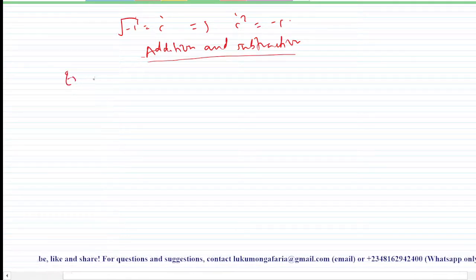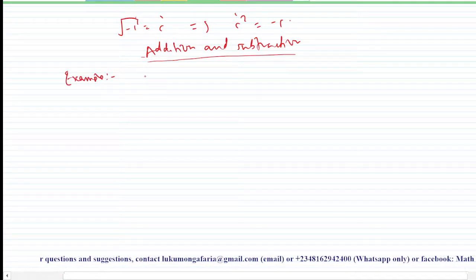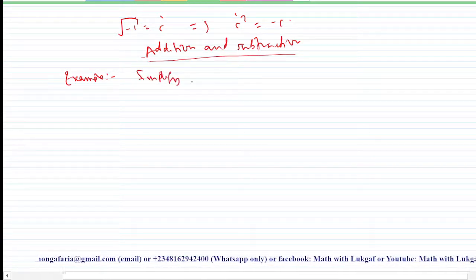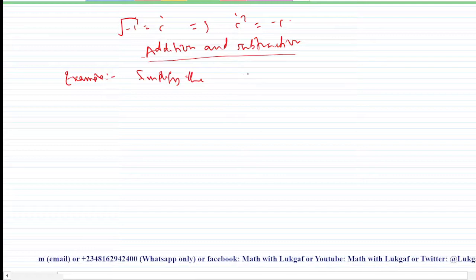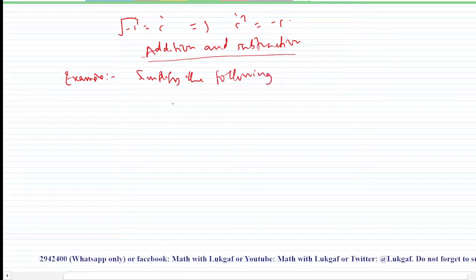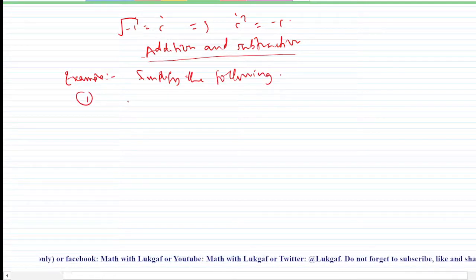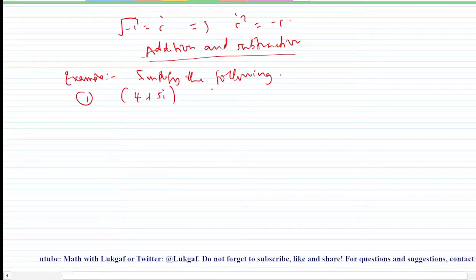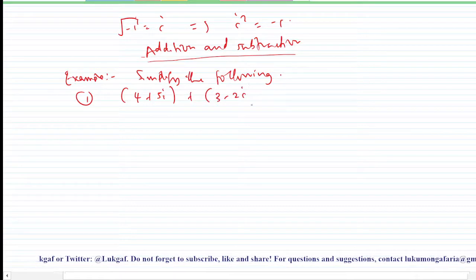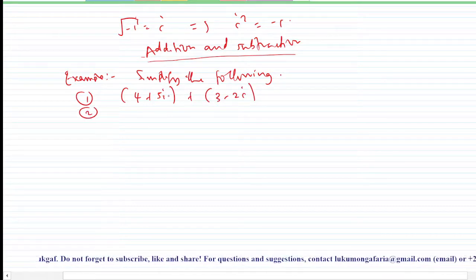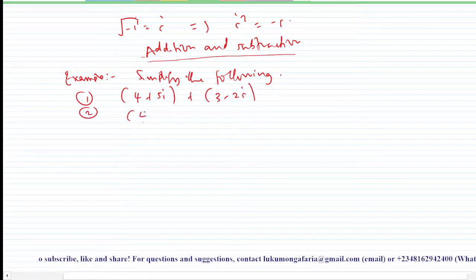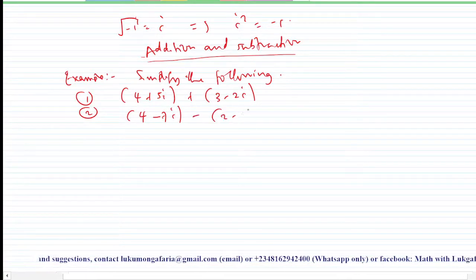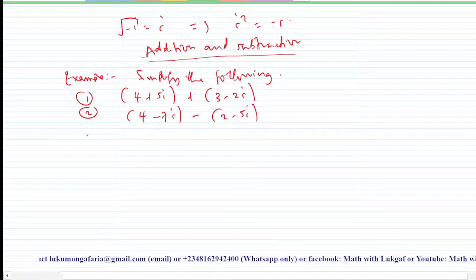Example: simplify the following. Number 1, 4 plus 5i plus 3 minus 2i. Number 2, 4 minus 7i minus 2 minus 5i.